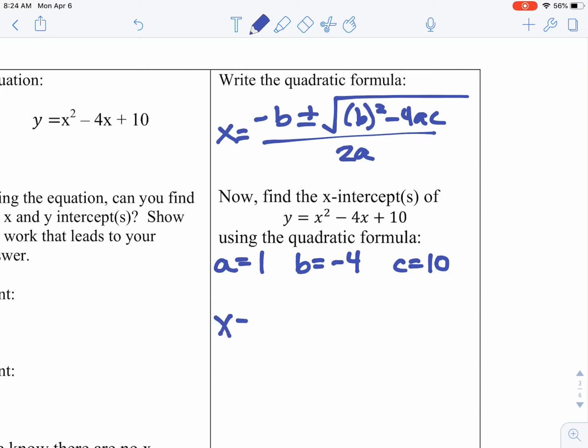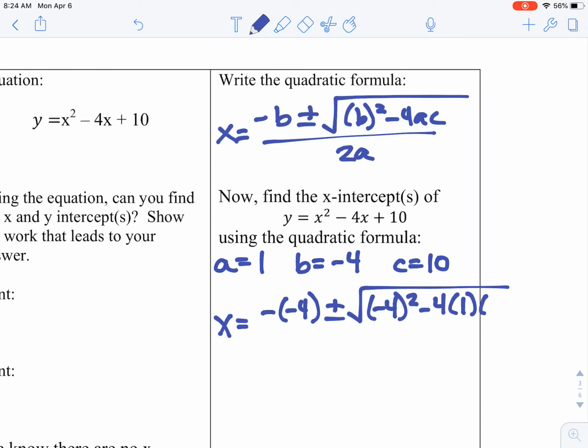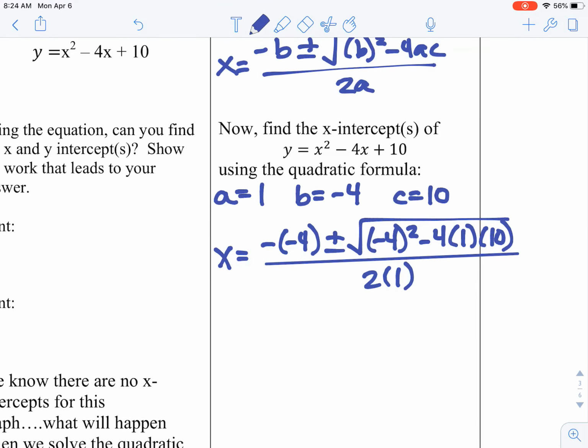So we have x is equal to negative b plus or minus the square root of b squared minus 4ac, all over 2a. We're going to do what's underneath the square root sign first. So we have the square root of 16 minus 4 times 1 times 10. Put that in our calculator.